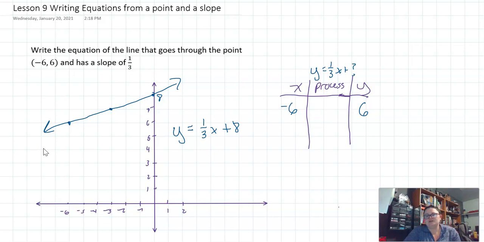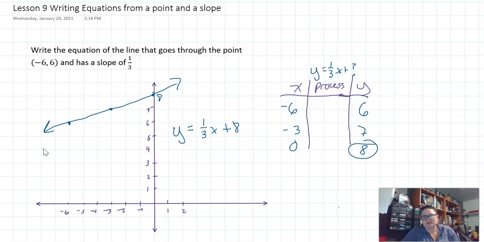You could look at the rise and the run. It goes up 1, that would be 7, for every over 3, so that would become -3, and then you could keep following that to 8 and 0, and that would be your y-intercept right there.